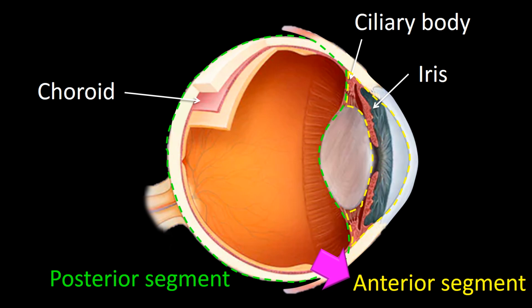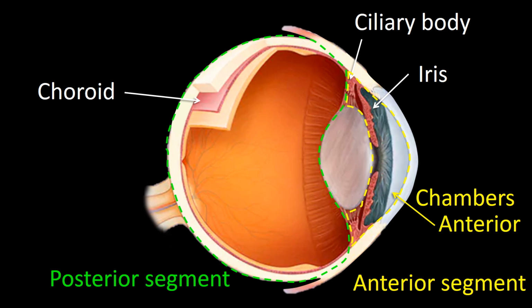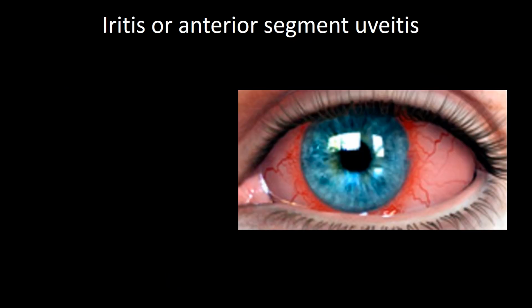The anterior segment is further divided in chambers: the anterior chamber between the iris and the cornea, and the posterior chamber between the iris and the ciliary body. Iritis is often used as a synonym for anterior segment uveitis. Choroiditis is often used as a synonym for posterior segment uveitis.